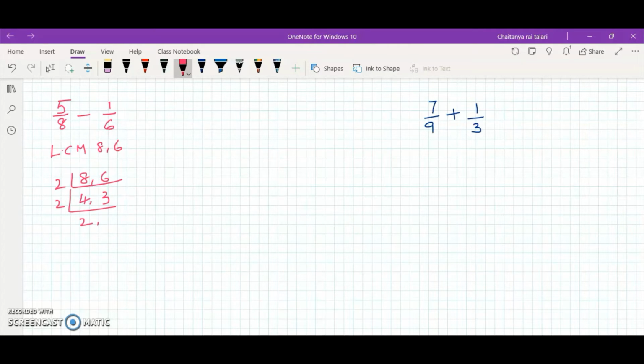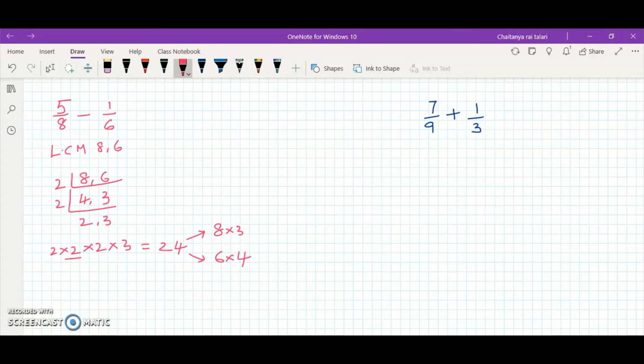So what do we have here? The numbers we have are 2, 2, 2 and 3. So 2 2s are 4, 4 2s are 8 and 8 3s are 24. So 24 is the LCM. We can see this 24 can be written as 8 times 3 and 6 times 4. So our LCM is 24.